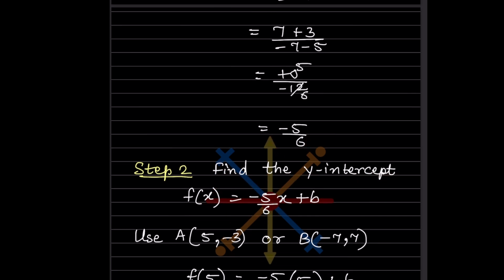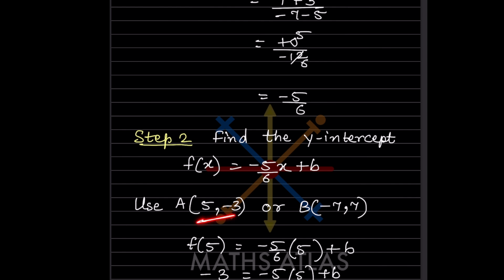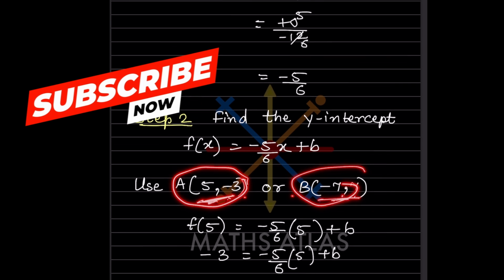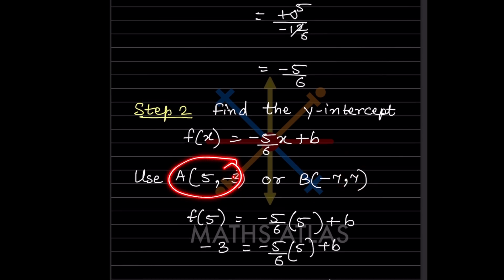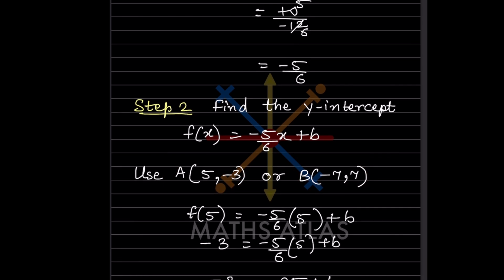So now what are you going to do? We have the points given, that is A is (5, -3), and B is (-7, 7). From these, you can use either this point or that point. Here I have used this point. Even if you use the other point, you are going to get the same answer. Here this is x and this is y.